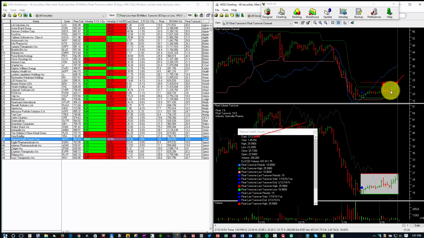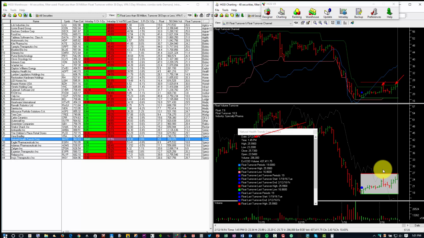I didn't see this before. Notice how this was flat and then it moved up there and it went above that area but then retraced, and now this green line is moving up again, but now we're into this float period that is moving this way. This is the float turnover period currently, and it is taking today into account.